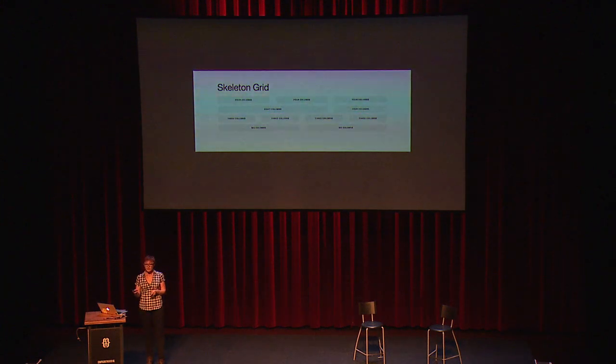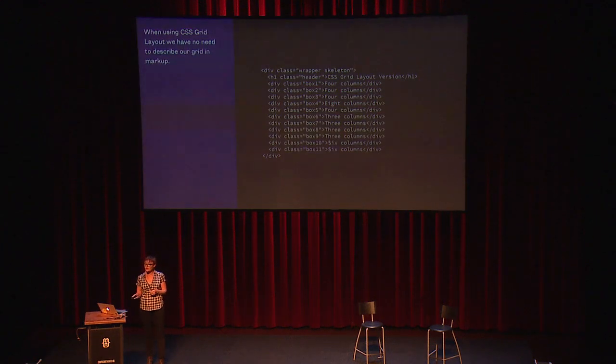So if I want to replicate this using grid layout, the first thing I can do is strip out a load of markup because we don't need to have those rows and we don't need to have, say, how many columns things span. I'm using the classes box1, box2, but they could be semantic class names, obviously, in a real layout. So I've now removed any description of how the grid works from the markup.